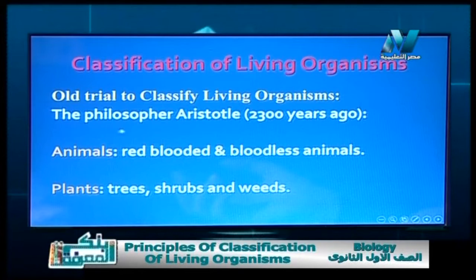The animals were classified into red-blooded animals or bloodless animals. So this is the classification of Aristotle, or the trial of Aristotle to classify organisms. The animals could be red-blooded or bloodless.